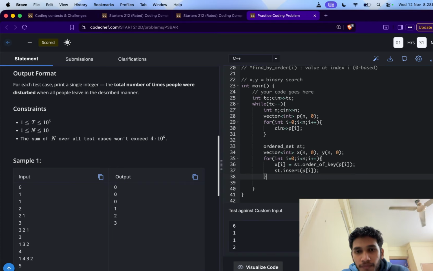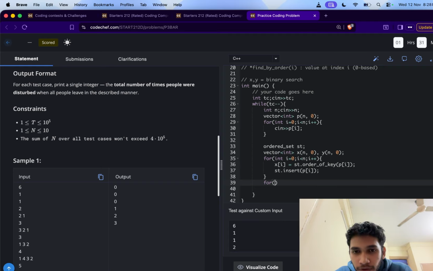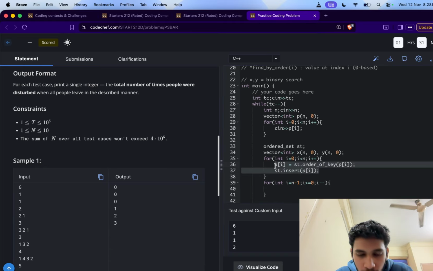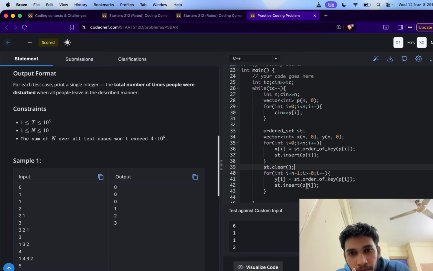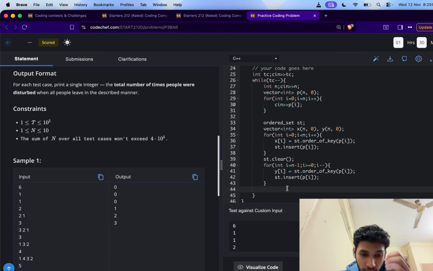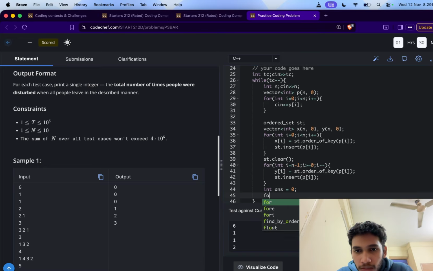Similarly for y, we start from n minus 1 and go down, doing the same thing: update yi and then st dot clear. Now what is the answer? The answer is the minimum of xi comma yi over all indices.